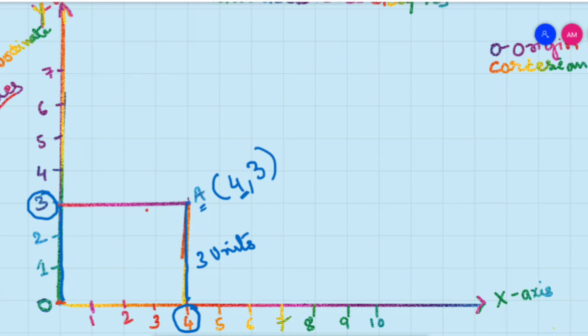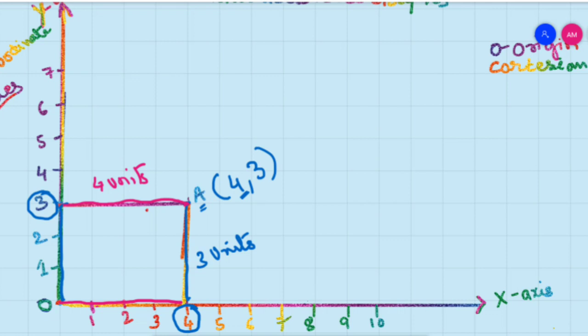In the same way, this line is 4 units, so this line and this line are equal. So 4 units away from y-axis. So if somebody asks what is the perpendicular distance of A from y-axis, it will be 4 units, and from x-axis it will be 3 units.